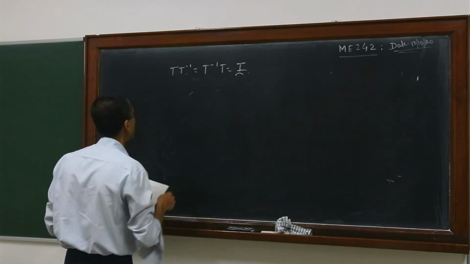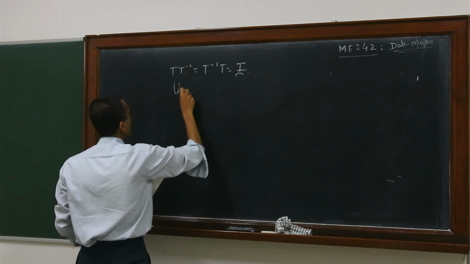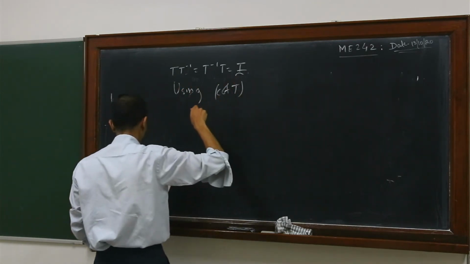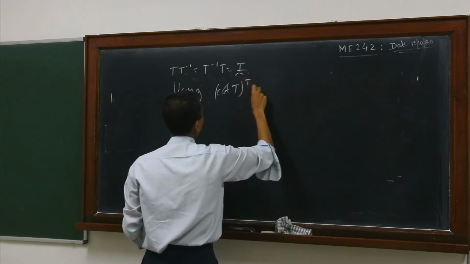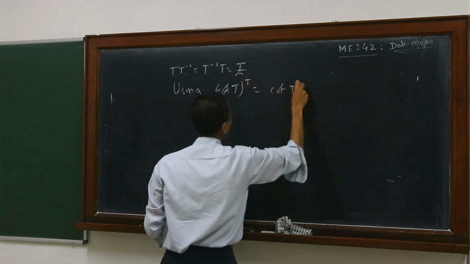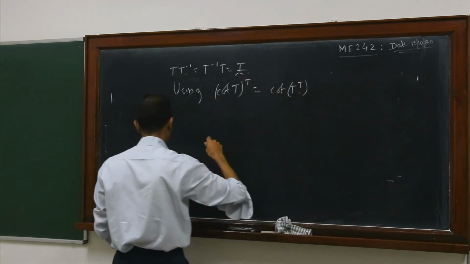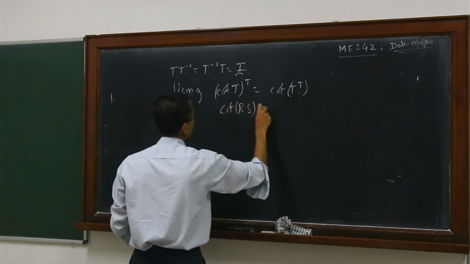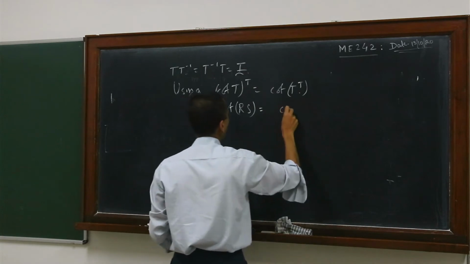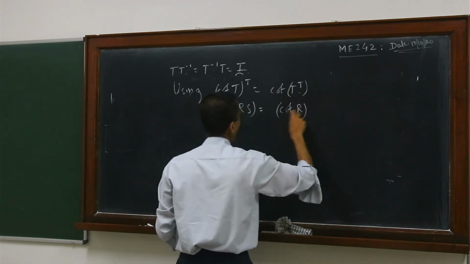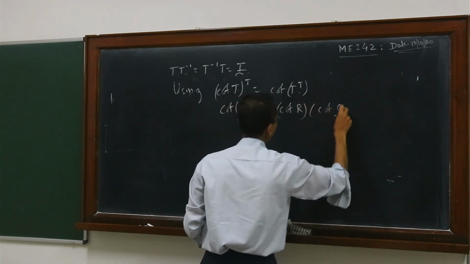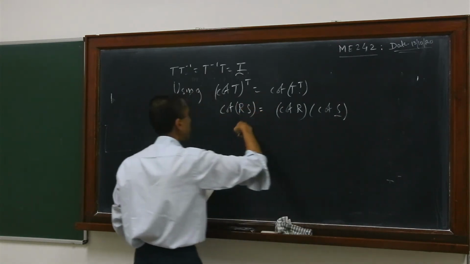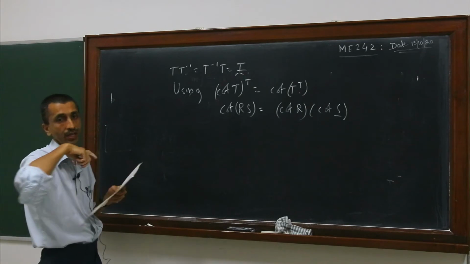Then now using the cofactor, cofactor T transpose is equal to cofactor of T transpose, and cofactor of RS is equal to cofactor R times cofactor S. Okay, so these two properties you can try to show using indicial notation.